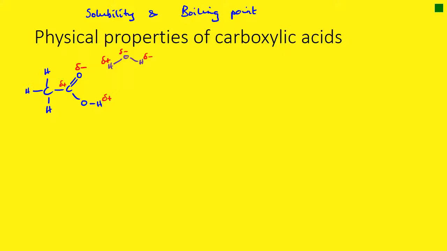And so let's draw another water molecule down at the bottom here, and its partial charges. Like so. And so you can see there's going to be hydrogen bonding between the ethanoic acid molecule and the water molecules, like so.